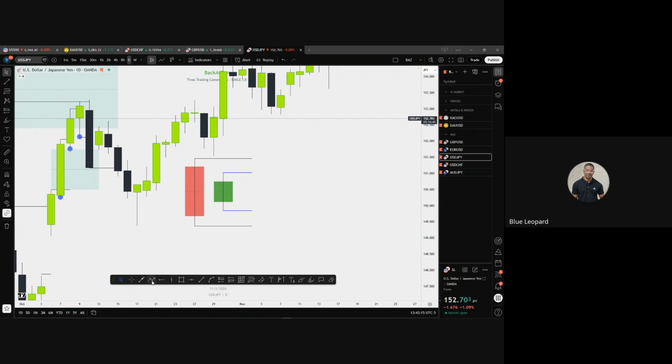As soon as price reaches here, you must expect a reaction. If price breaks out and comes and closes inside, even on a lower time frame, you can expect price to go up.